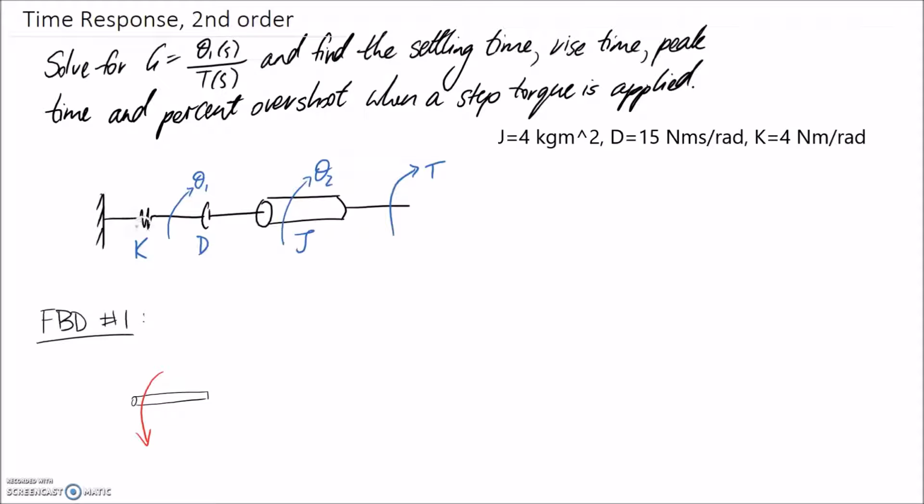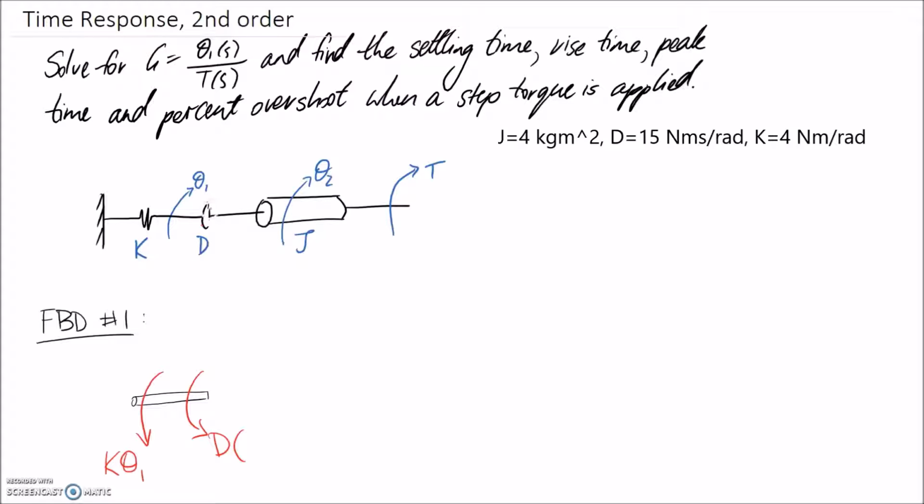So if we start with the spring here, the torque that it's going to apply is equal to K, the spring constant, multiplied by the angle which it's twisted at, which is theta 1 since it's up against a wall. Applying the same thing for the damper, it's going to oppose the motion, and it's equal to D, the constant associated with the damper, multiplied by the speed that this component is rotating at.